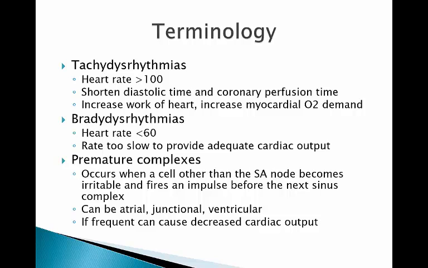So it will go through the system like a normal one will. It just comes earlier than it should. Okay? It can come out of the atria, it can come out of the junctional tissue, or it can come out of the ventricular tissue. And we'll talk about at least the atrial and the ventricular ones here along the way. If they are frequent enough, they could cause decreased cardiac output, okay, especially the ventricular ones.